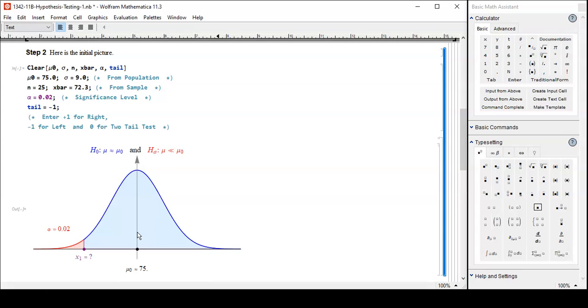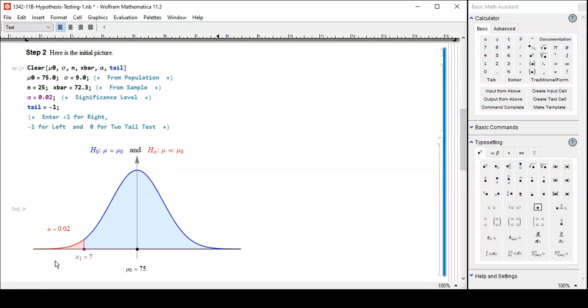That's because the problem gave you the alpha value as 0.02, which means if the null is right, if you have expected value indeed 75 minutes, then 98% of the time, the sample mean will fall in the blue region. And the other 2% is going to fall here simply by luck. And 2% by luck, I'll assume that's low enough.